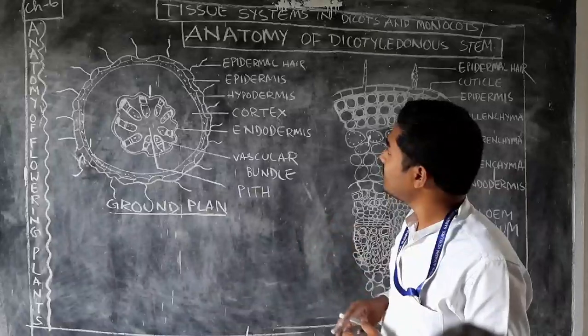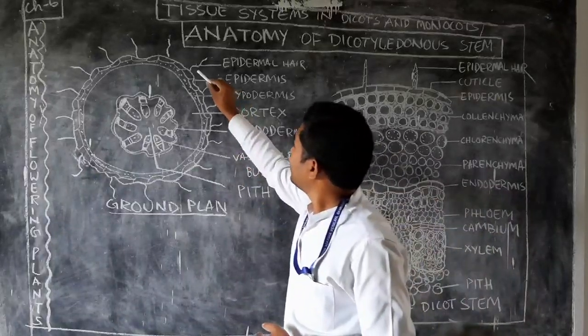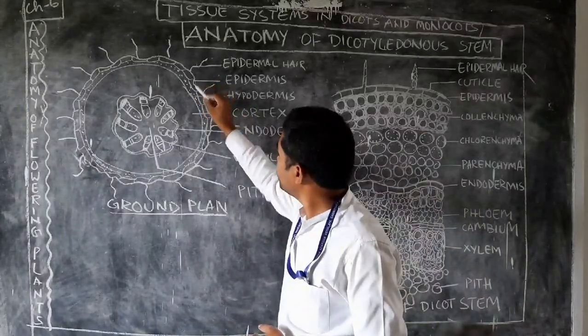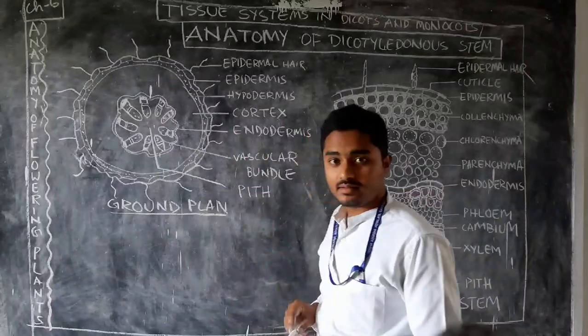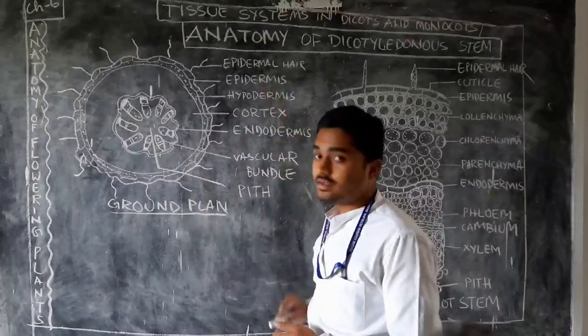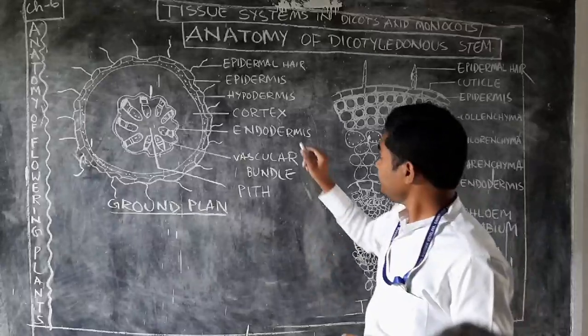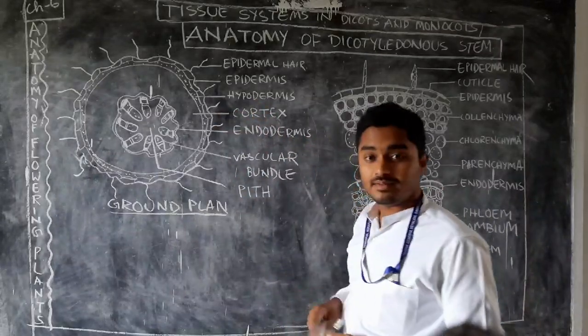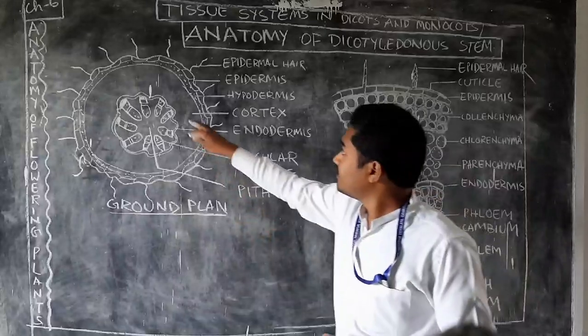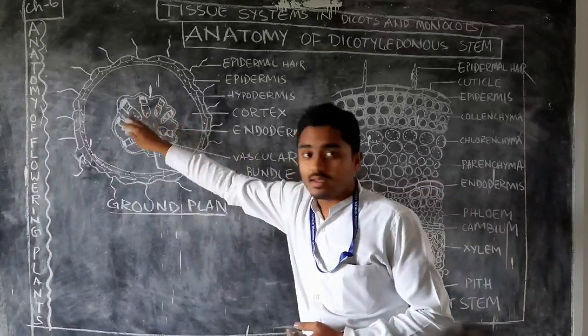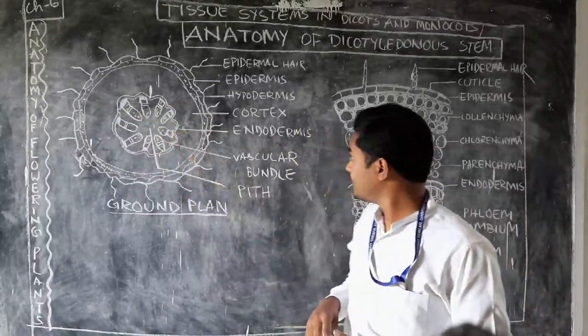In the ground plan, we will see that the epidermis is the outermost layer, and this epidermis bears epidermal hairs. And beyond the epidermis, we will see the hypodermis, which is part of the cortex. This is the cortex. Then this is the vascular system.